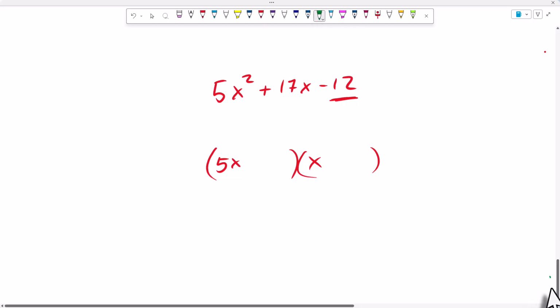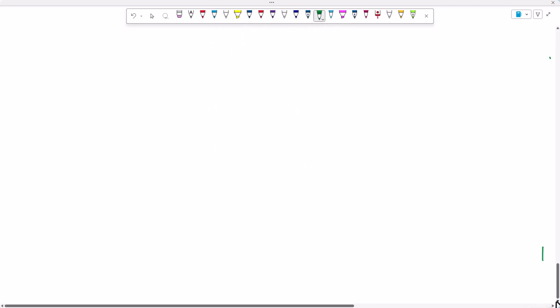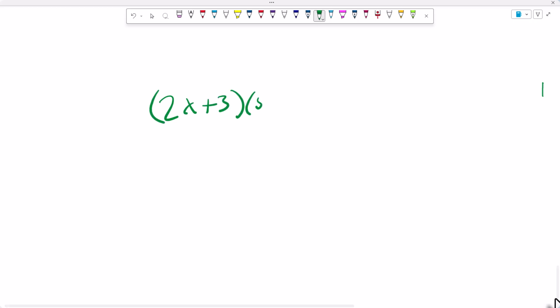Let me do a quick example of multiplication. 2x plus 3 times 5x plus 7.